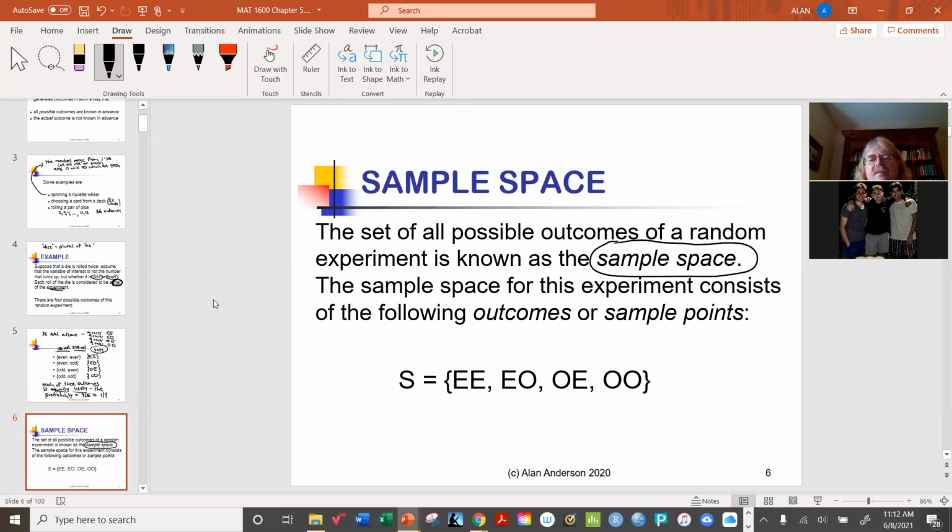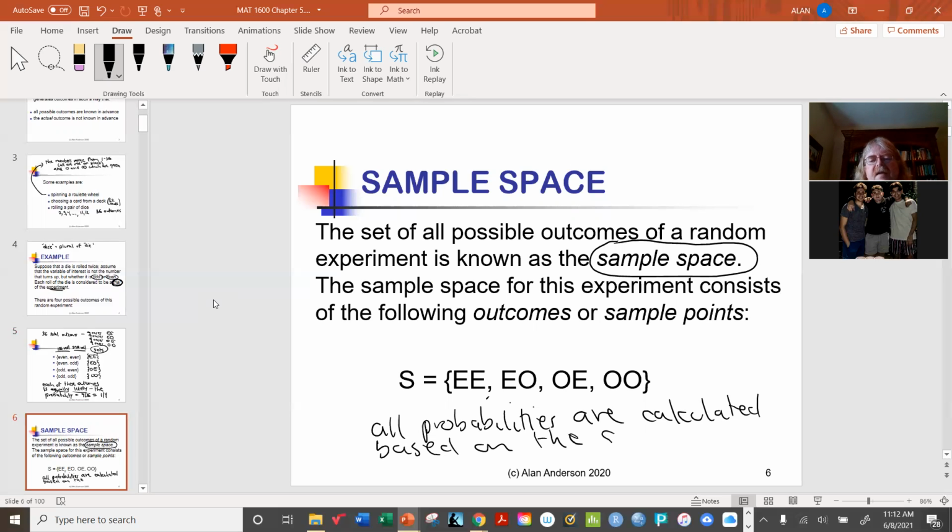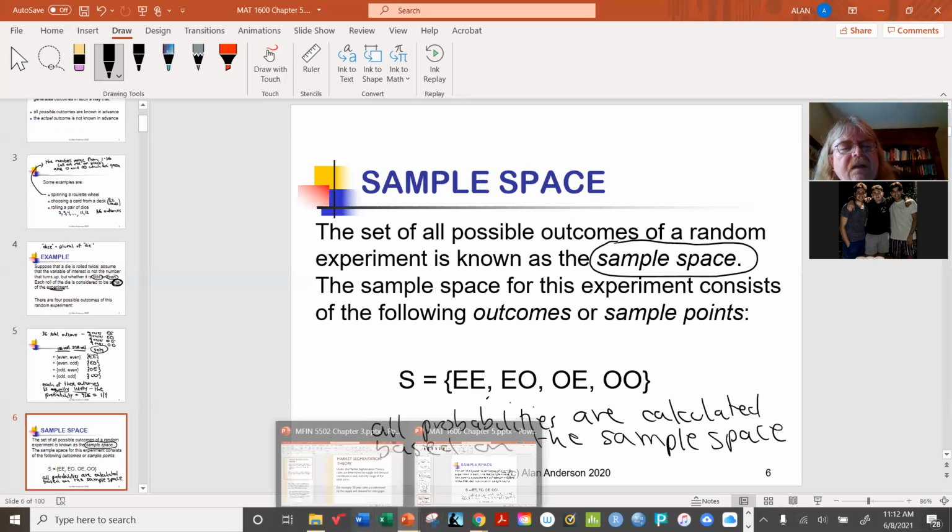All probabilities are calculated based on the sample space. You'll see what I mean when we get to those examples.